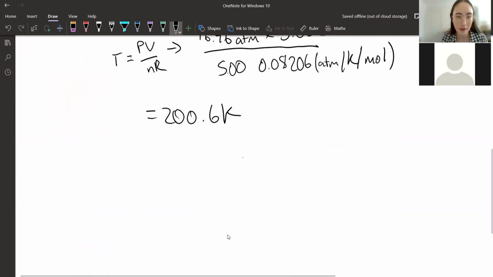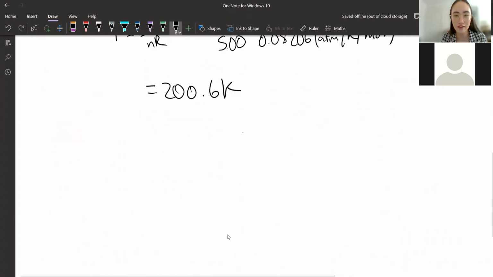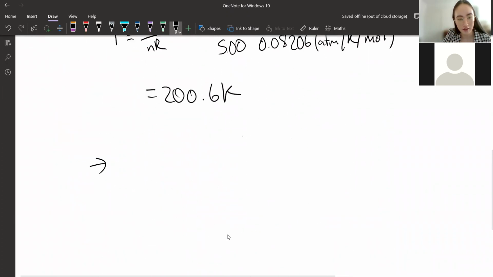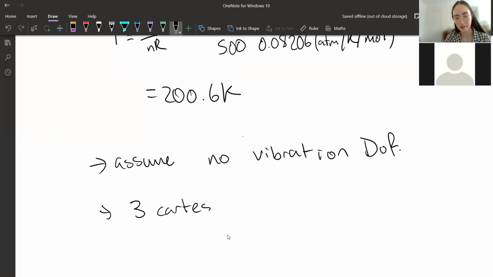So that's the temperature at point A, 200 Kelvin, not particularly hot, so we can assume no vibration. Degrees of freedom just means we have 3 Cartesian and 2 rotational degrees of freedom.